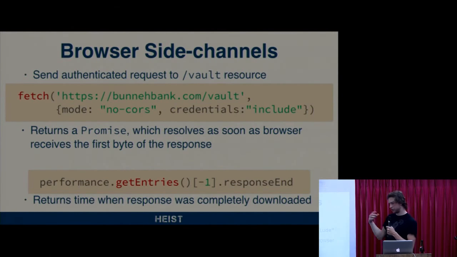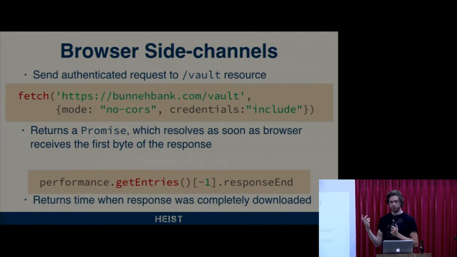So we use the fetch API, which is a relatively new browser API, kind of taking over the XHR thing, and it allows you to send requests to any URL. And it returns a promise, which is also something relatively new in JavaScript, but it really doesn't matter. It's just that it resolves, so some kind of callback is executed as soon as it resolves.